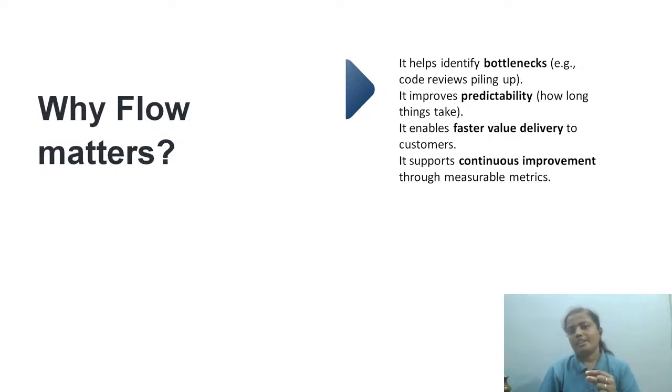Finally, this is the crux of why we are getting into flow metrics. It supports continuous improvement, right? That's all we need in Agile, continuous improvement. Do not stop where you are. Try to figure out what the gaps are so that you can get to the next level. That's the whole idea. So, continuous improvement through measurable metrics. Again, actionable metrics, not vanity metrics.